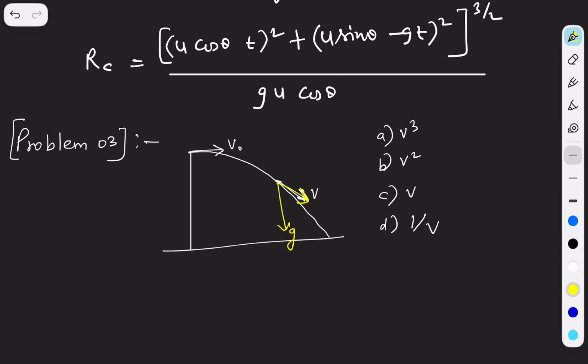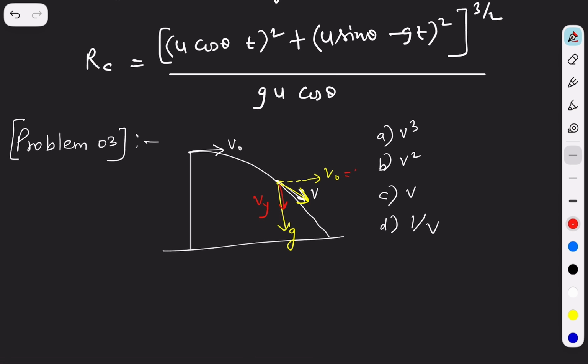Of course this component will be v naught, we know that. This will be your velocity vy component, and this is the vx component.